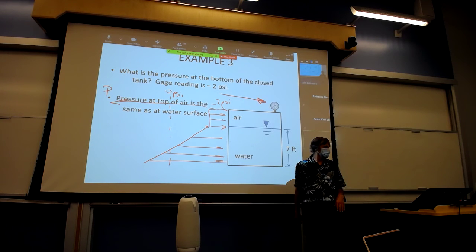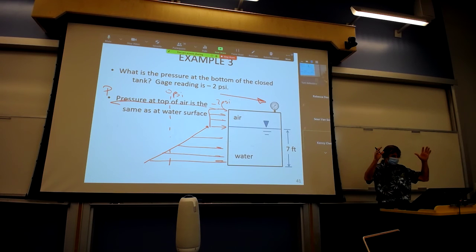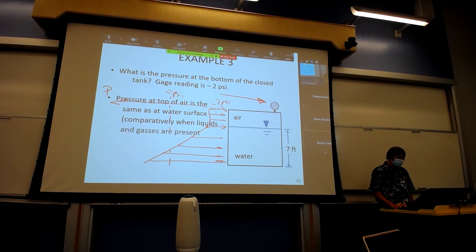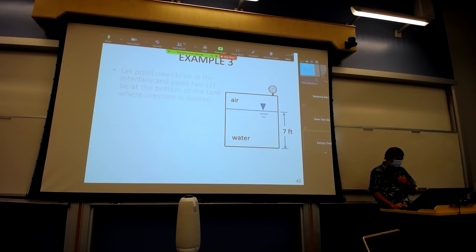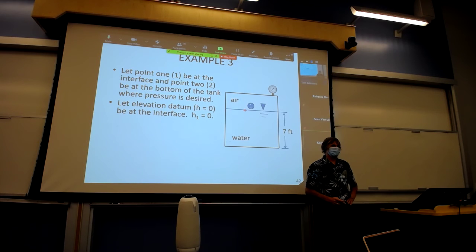We'll see. So the question is, if the pressure in the air is -2 psi, we know the pressure at the interface is also -2 psi. And so what we're after is, what's the pressure on the bottom of the container? So we're going to let point 1 be at the interface between the two. Is that a free surface?